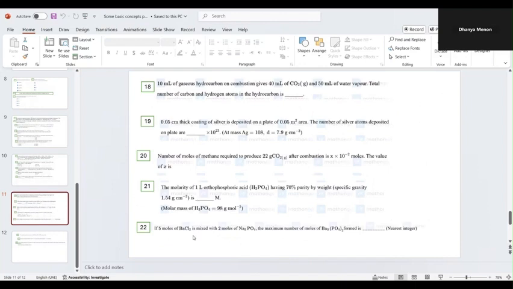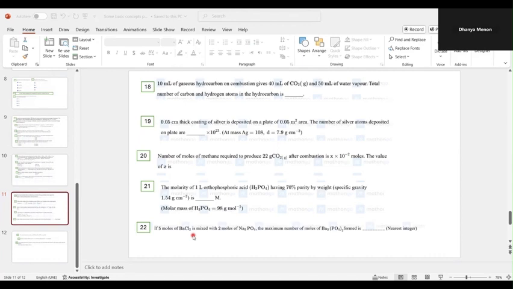Now coming to the next question. Question number 22. In question number 22, five moles of barium chloride is reacting with sodium phosphate to give barium phosphate, and you will also get sodium chloride.